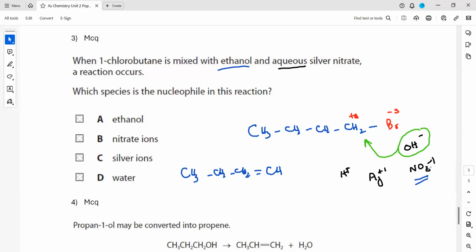The nitrate ion, because of its greater size, is not able to attack as compared to the OH ion. So the attacking nucleophile, you can consider OH or you can also consider water, because in an alcoholic medium an elimination reaction will occur. Is it clear?